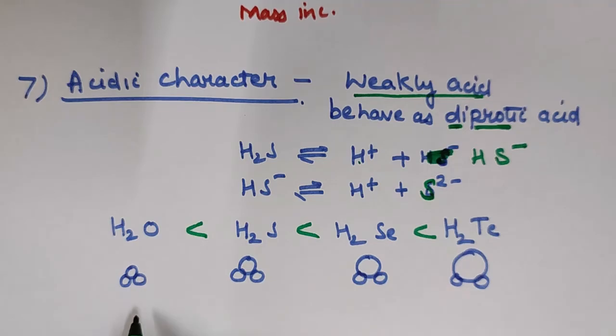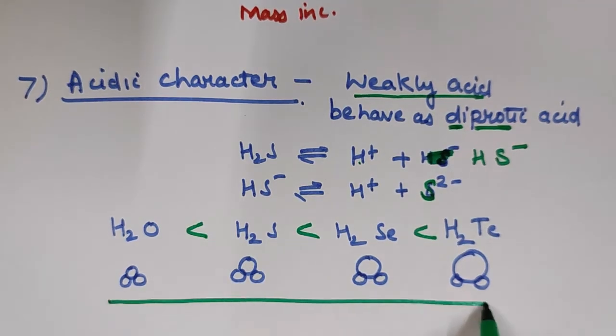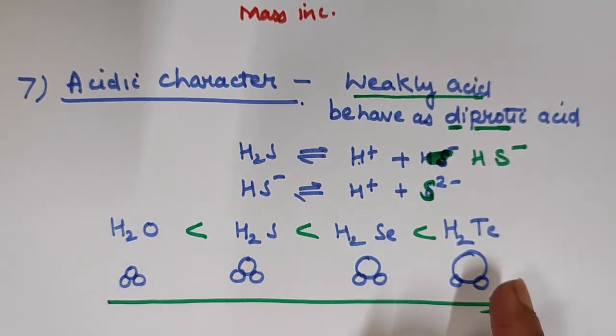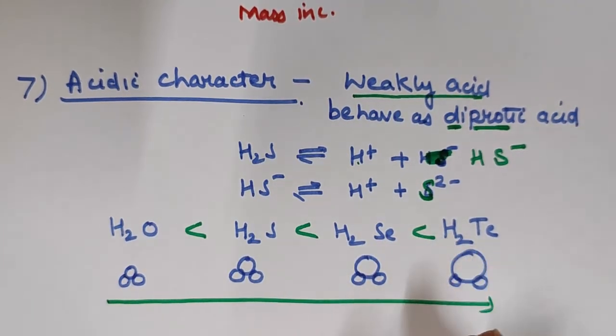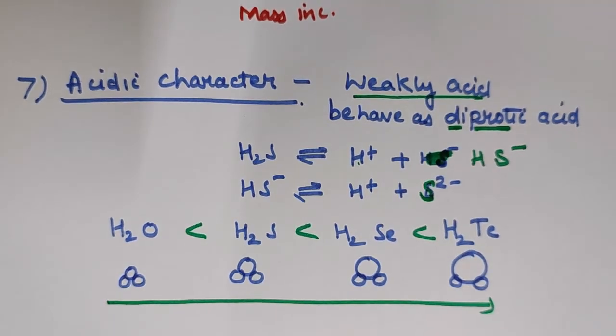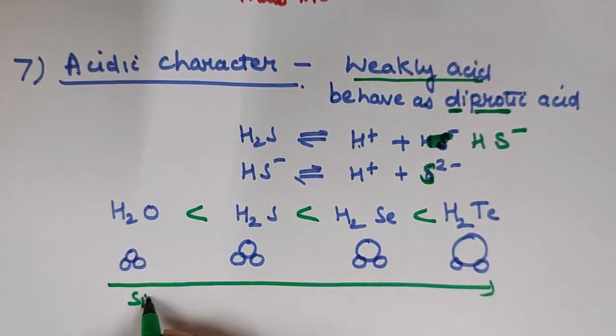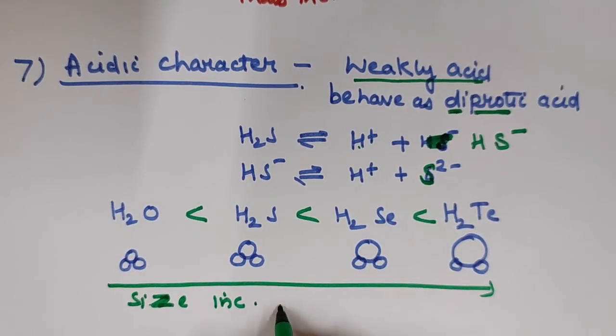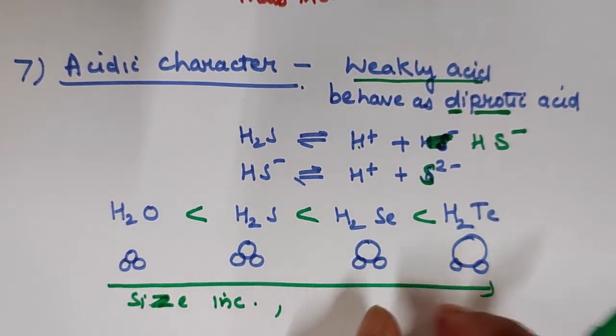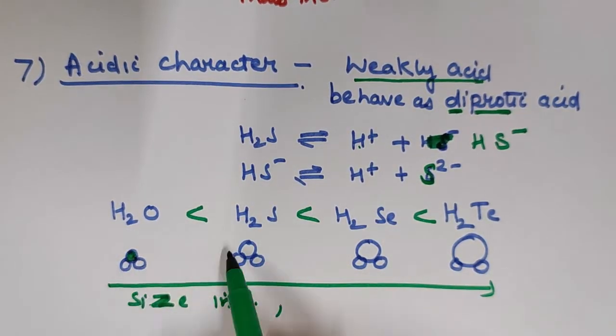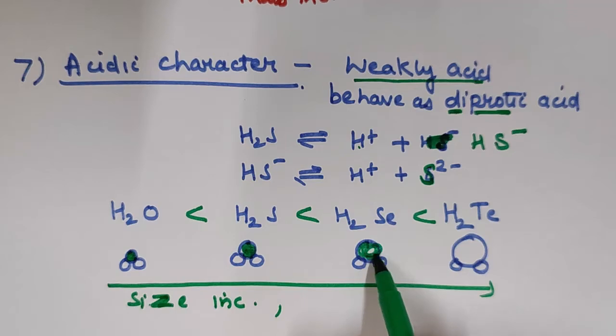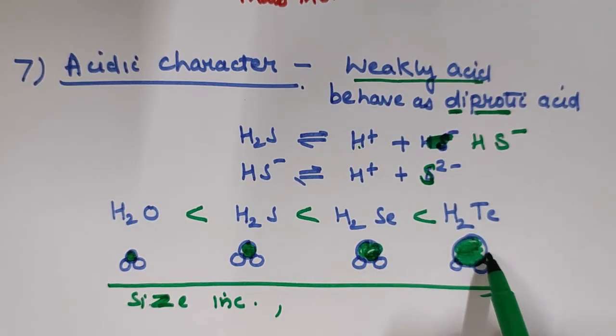The reason is that we have to look at which can easily give hydrogen. As we move down the group, the size increases. This is oxygen, sulfur, selenium and tellurium. As the size increases, there is an increase in bond length.